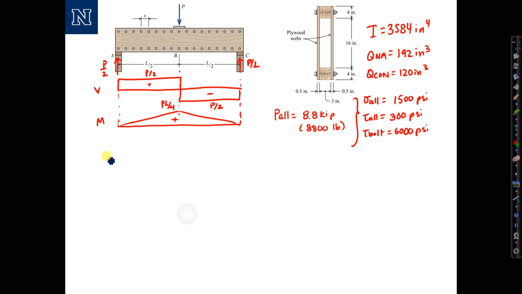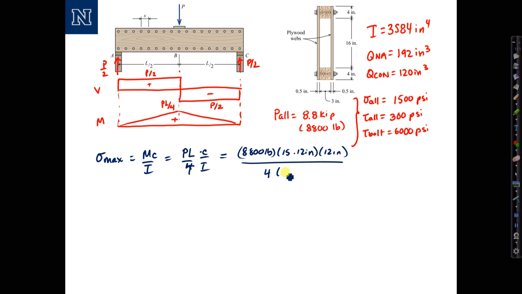We need the actual bending stress, sigma max, which is equal to MC over I, where before M was equal to PL over 4, times C over I. This time we're going to use the actual value of P that we calculated, 8,800 pounds, times the L of 15 times 12 inches, times the C of 12 inches, divided by 4 times I, 3584 inches to the fourth, gives us sigma max of 1330 psi.